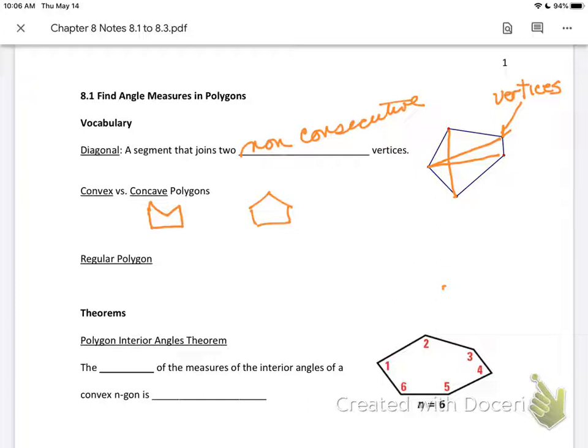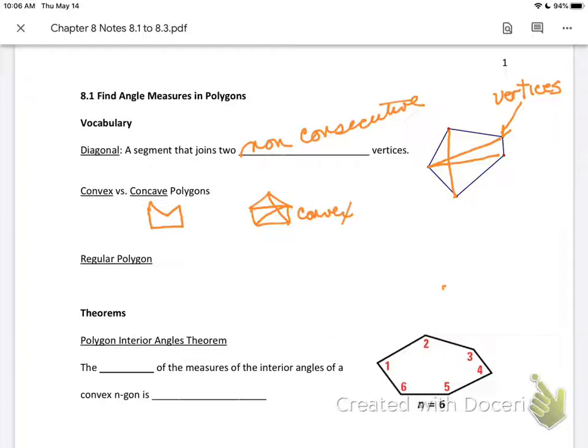Okay, so the way to tell them apart is this. If I connect vertices, and every single time I do that, my lines stay inside, then that is a convex polygon.